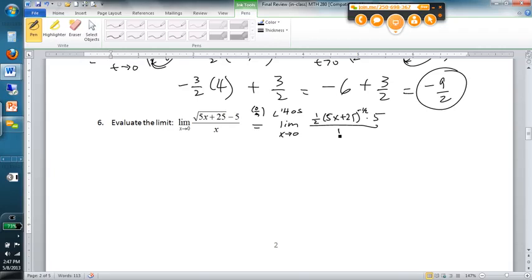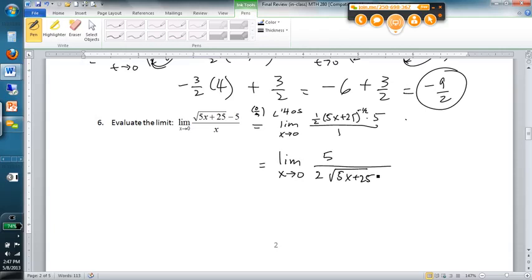Okay, well, rearranging a bit here, since the bottom is 1, wouldn't this be the limit as x goes to 0 of, I believe the top's just going to have 5, and then the bottom is going to have 2 square root of 5x plus 25.